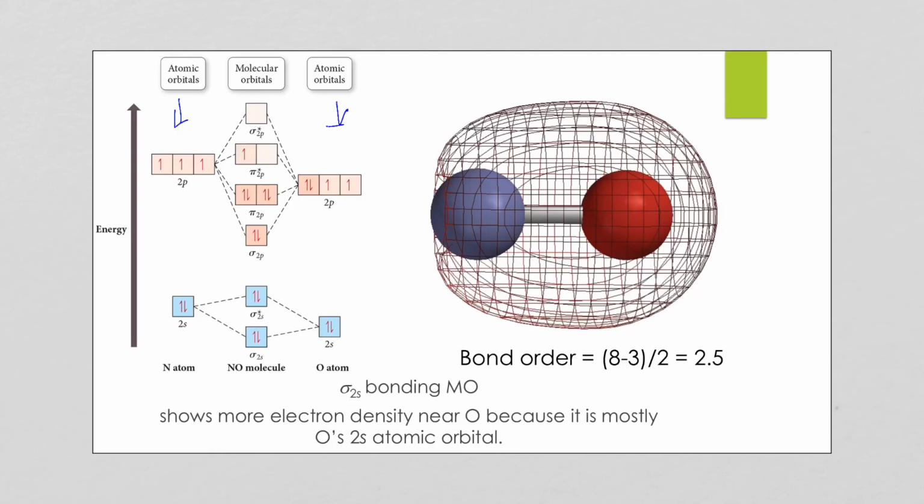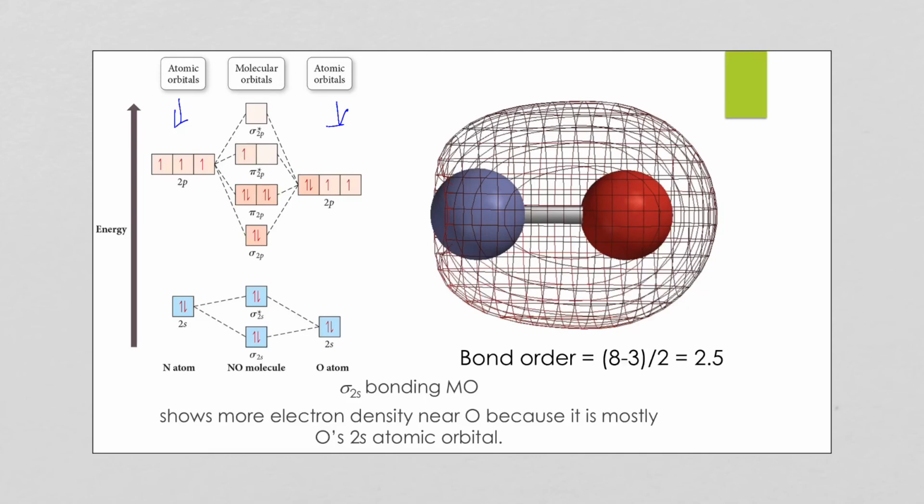The antibonding orbital is more like the nitrogen, if you will, right? So it contributes more to the one that it's closer in energy to. So the higher energy atomic orbital contributes more to the antibonding. The lower energy atomic orbitals contribute more to the bonding.